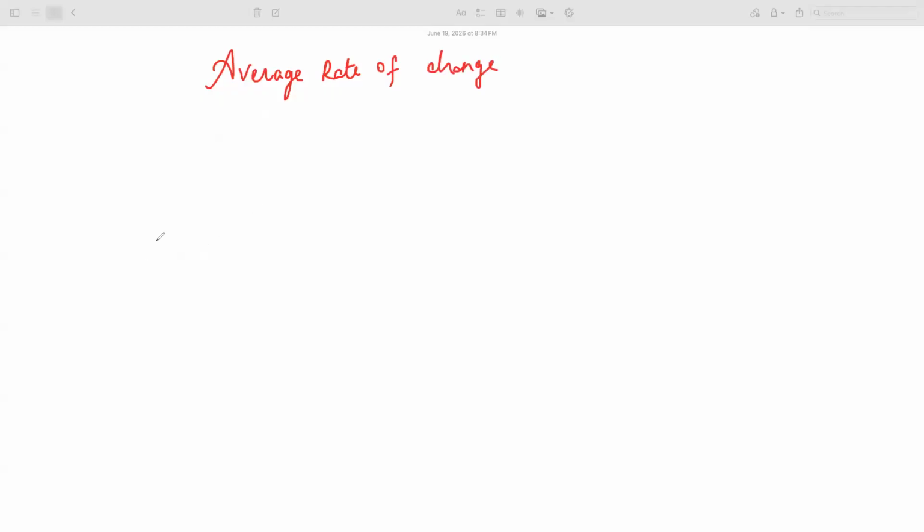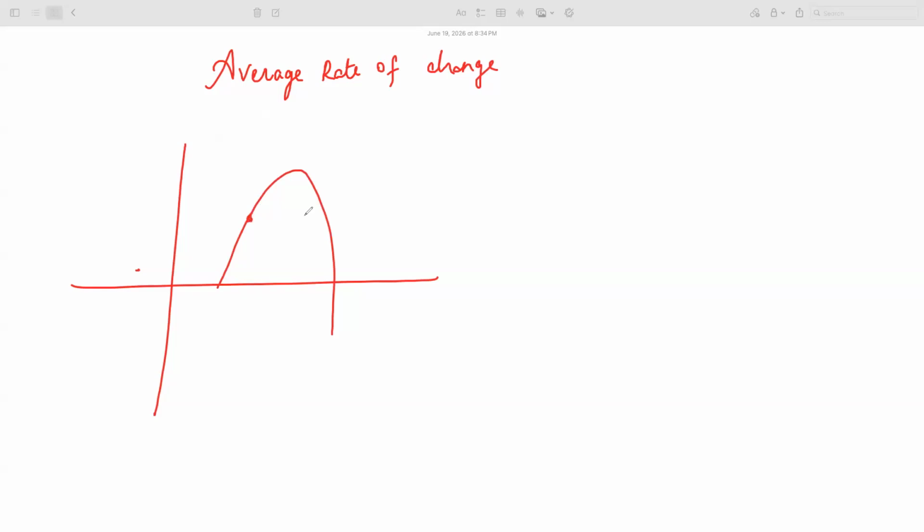Let's say there is a graph. Let's say this is point A, point B. Now this one is f of A, this one is f of B. Now, rate of change.